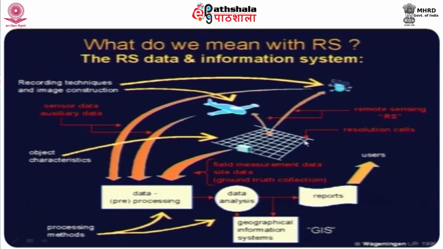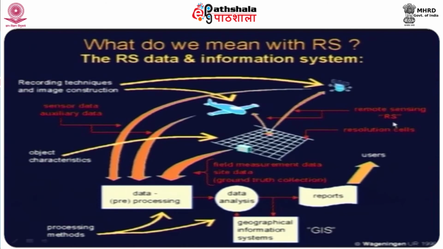If you talk about objects which are larger than 1 meter, say the entire area is one single object, then obviously for every 1 meter you will get data of the same object. In the first case, it was the average of all the objects within that 1 meter, or 10 meters, 100 meters. In the second case, it is all one particular object reflecting the energy, and the reflected energy is obtained by us.